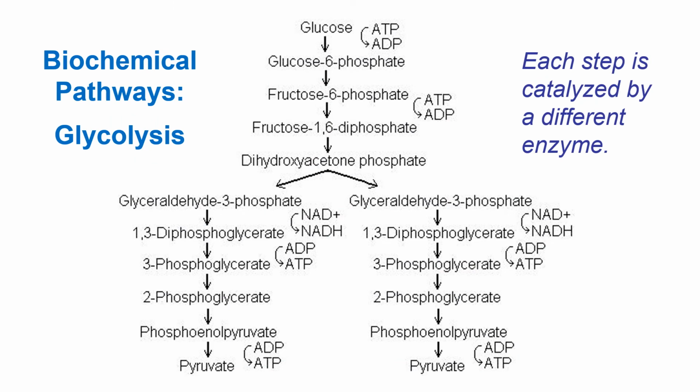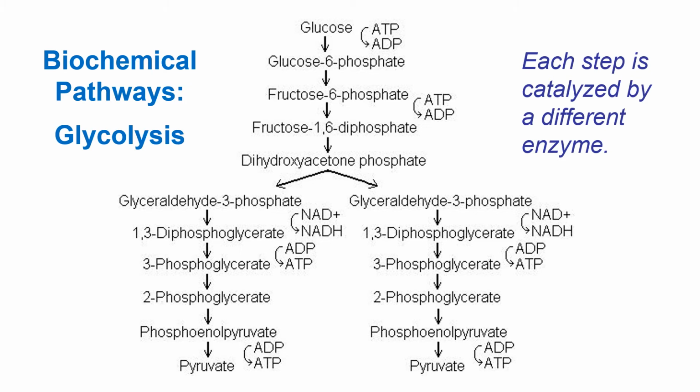Now don't be frightened by this diagram. I'm not going to have you remember the names of these intermediates. I just want to point out that there are lots of intermediates, and most of the reactions, which are shown by arrows here, are catalyzed by different enzymes. The general process, we're going to take glucose and split it in two and then rearrange to get 2 pyruvate molecules.